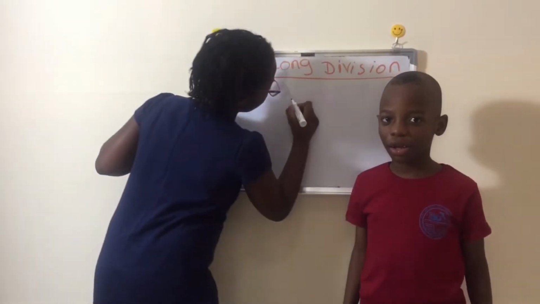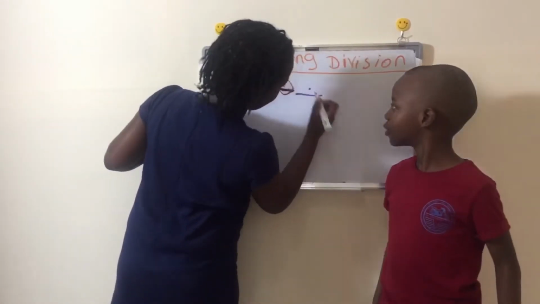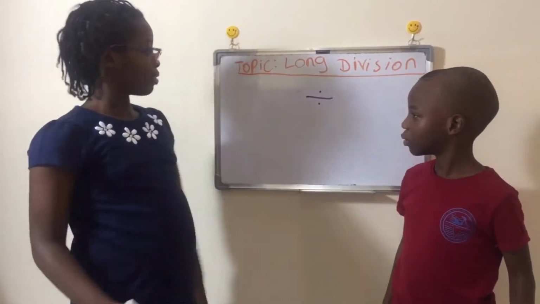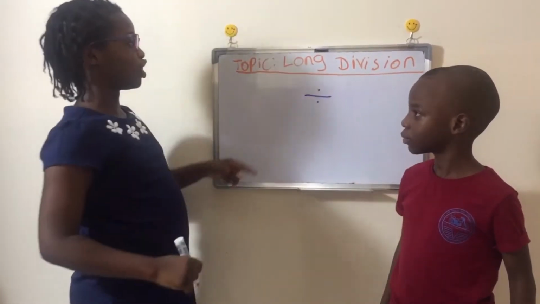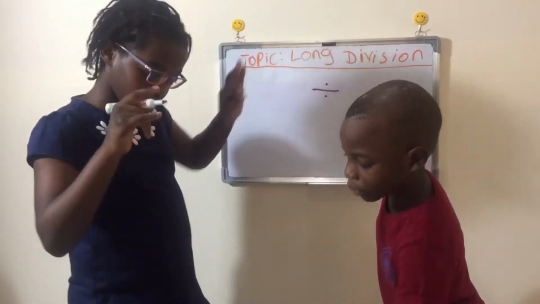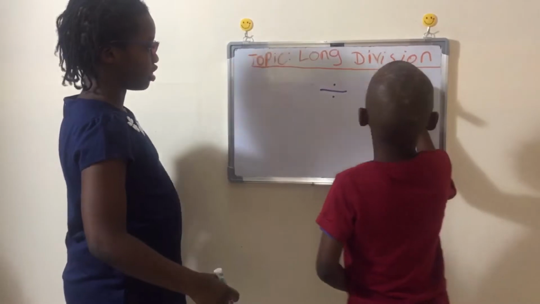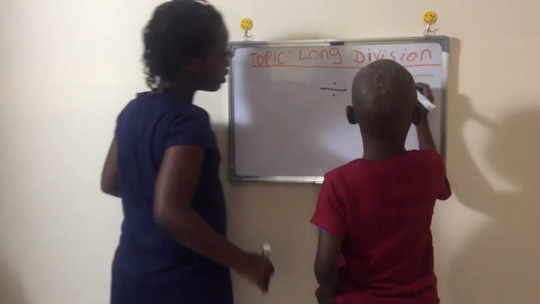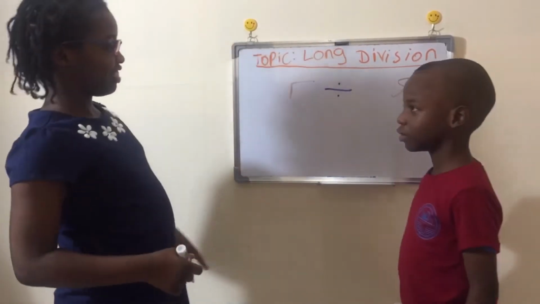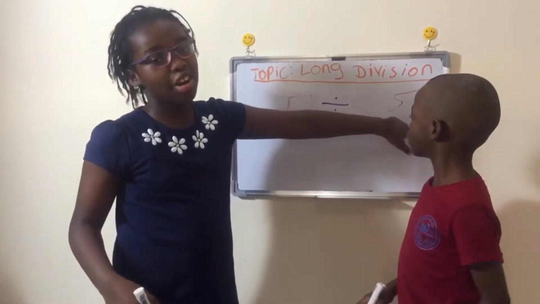So in our long division, we are used to this. But we have to introduce you to another sign in long division. And this is it. You could also find it like this. But this is how you'll be seeing it in our video.